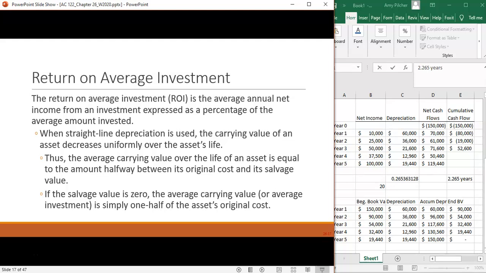Therefore, if the salvage value is 0, the carrying value or average investment is just 1/2 of the asset's original cost at any given time. So that's our average investment. So we take our net income divided by our average investment.